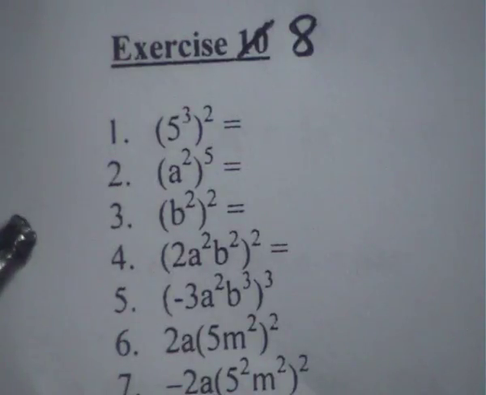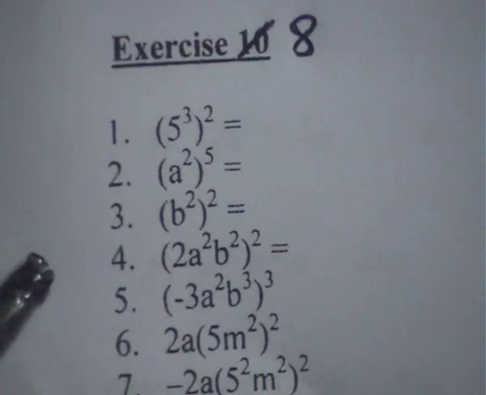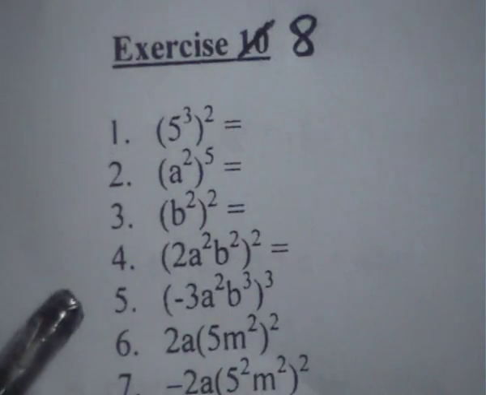Number 3, open bracket, b squared, close bracket, to the power 2. Number 4, open bracket, 2a squared, b squared, close bracket, to the power 2. Number 5, open bracket, minus 3a squared, b cubed, close bracket, to the power 3.